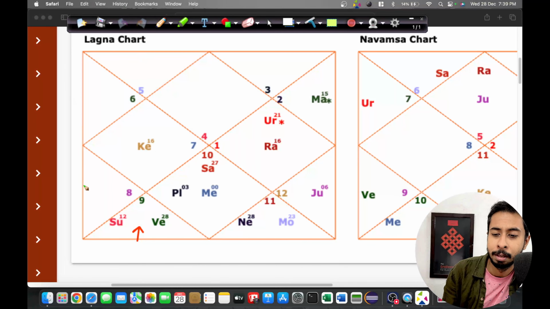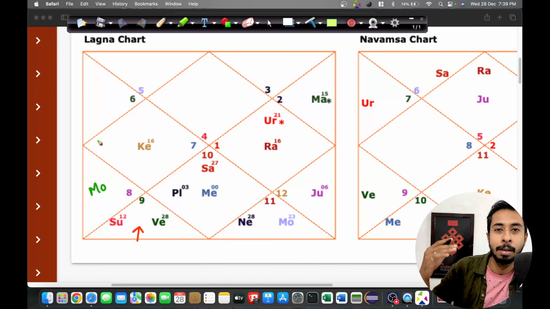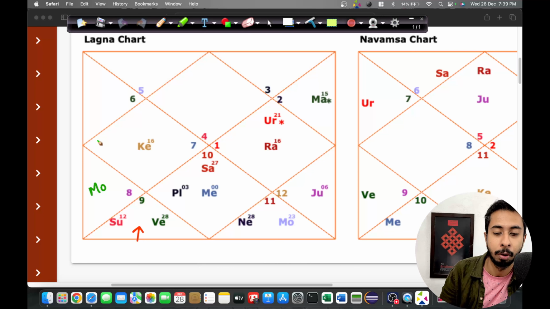So let's say Moon was present here. Moon in Scorpio would have been debilitated. That means it would have got the least power. It would be very weak. The power of Moon in Scorpio will be very weak. That is called debilitated. So Moon will not be able to give its power.